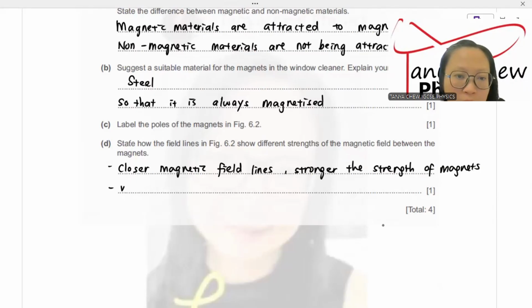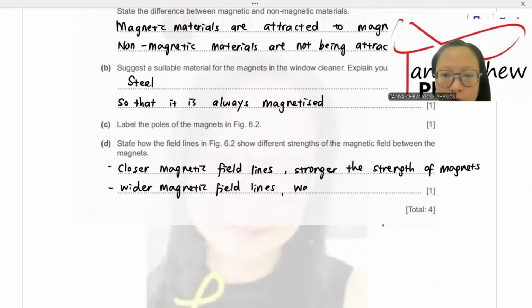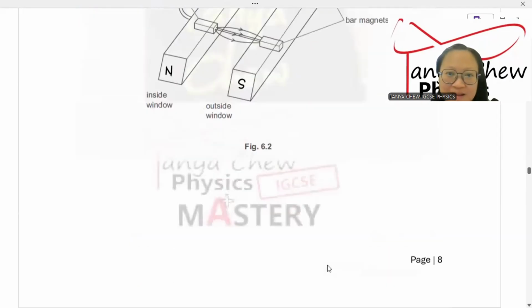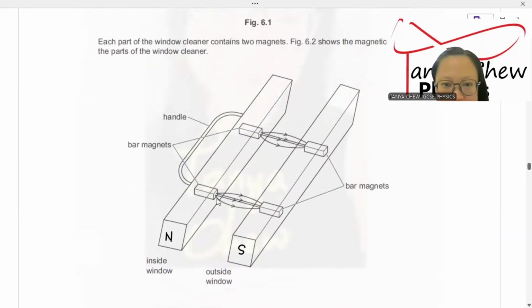The wider the magnetic field lines, the weaker the strength of magnets. Can you see that? So this is stronger. Stronger is close to the pole.